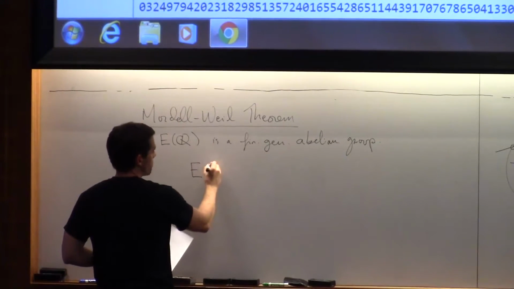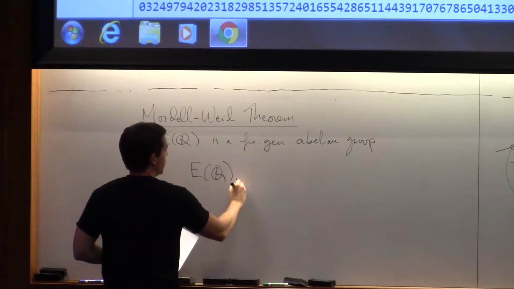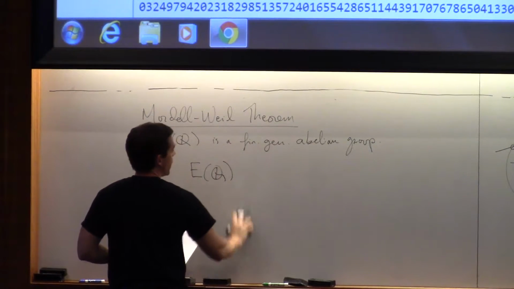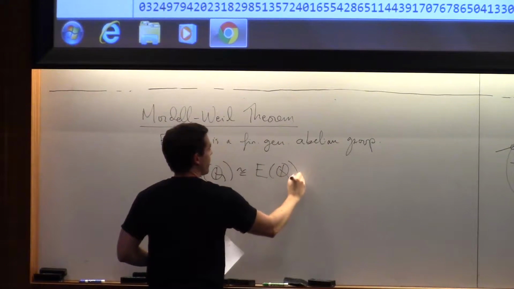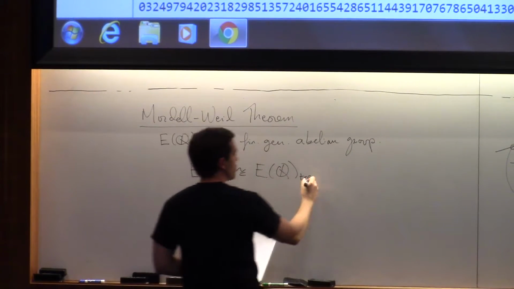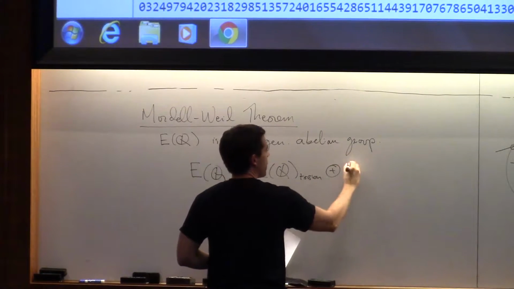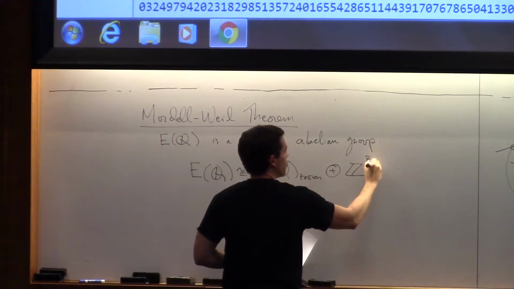Algebra will tell you that a finitely generated abelian group is of this form. There's a torsion part, and then there is an infinite part.